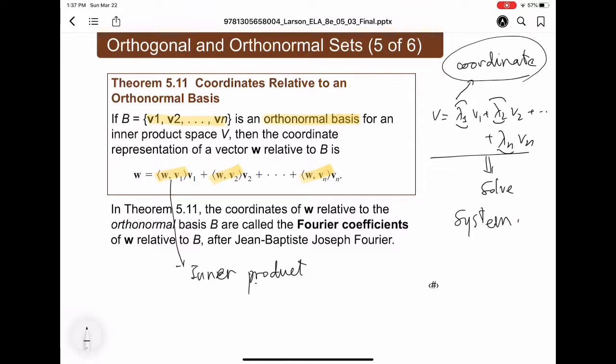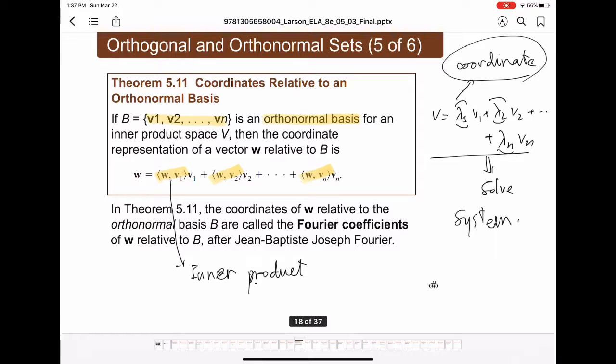So you find the coordinates of W right away, and it's very fast. This theorem is also easy to prove. You can see the proof in the textbook. In this course we don't do proofs, but try to understand the idea.